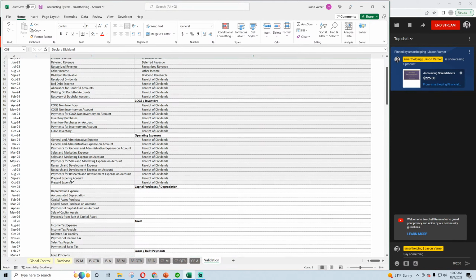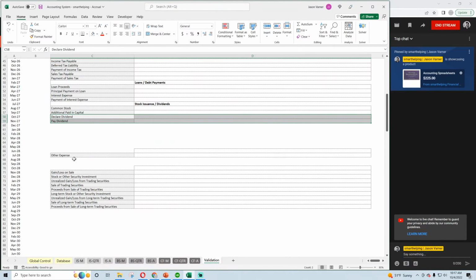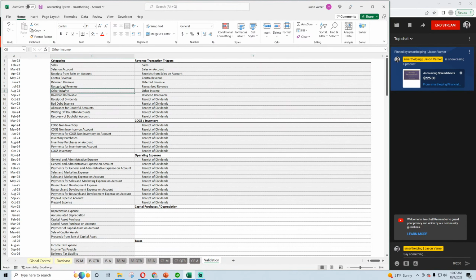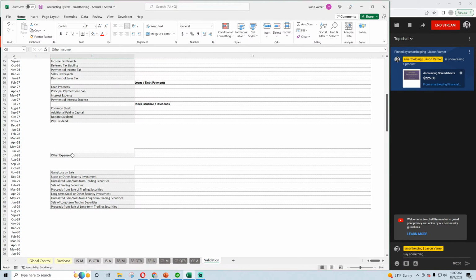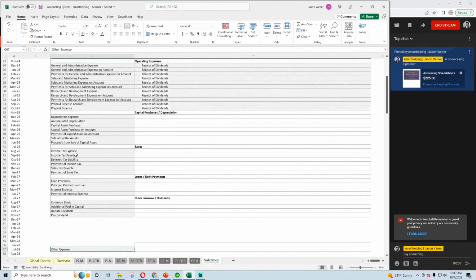And where'd we put other expenses? This other income is non-operating income. I guess we can keep it there for now. Other expense.